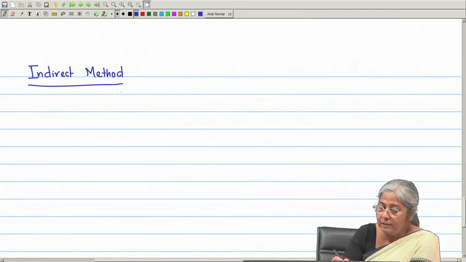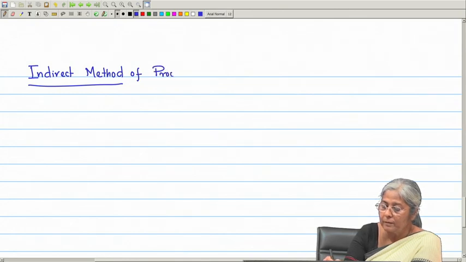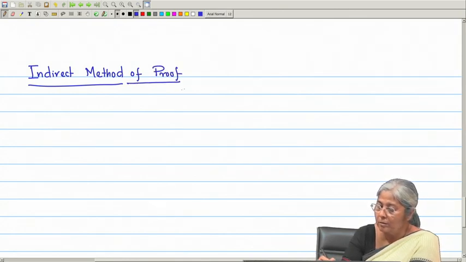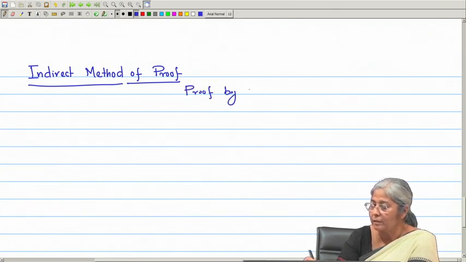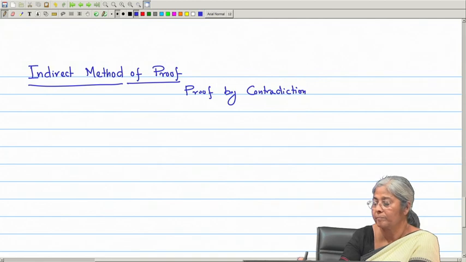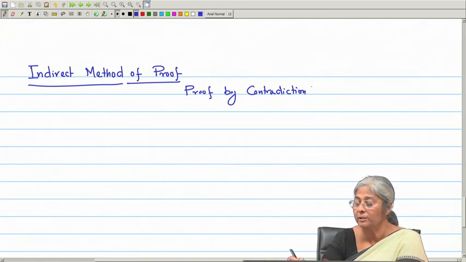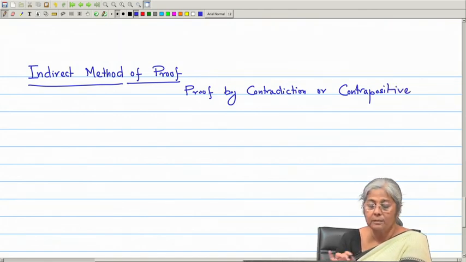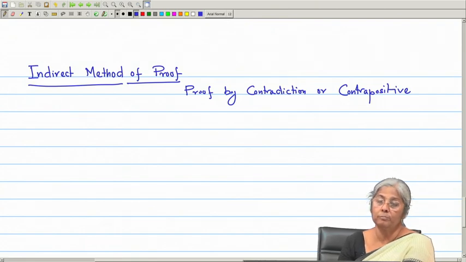Mainly the proof by contradiction, or a special case of contradiction called the contrapositive, is the method of proof by indirect way.